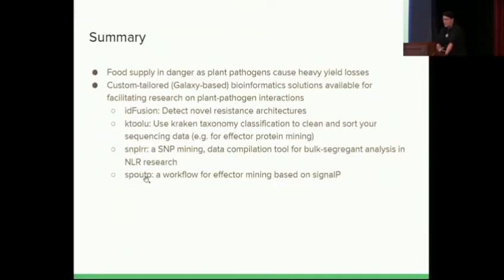And we have SpoutP, which is an effector mining-based workflow, post-processing analysis after reclassification, after transcript assembly of the classified reads. So if anybody is interested in those, you know how and where to contact me, I hope, and then we can talk about that.